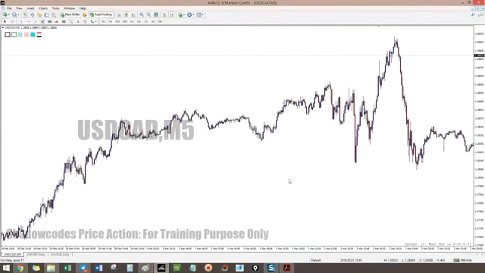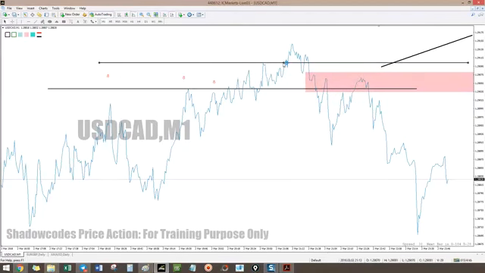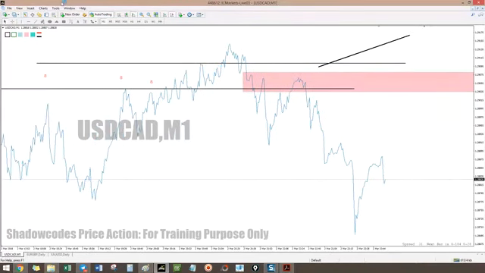Okay, so this is actually a good one. First you just need to change to line chart. Okay, find the best one. So over here is also good in M1. Over here is also good. You got a high here.